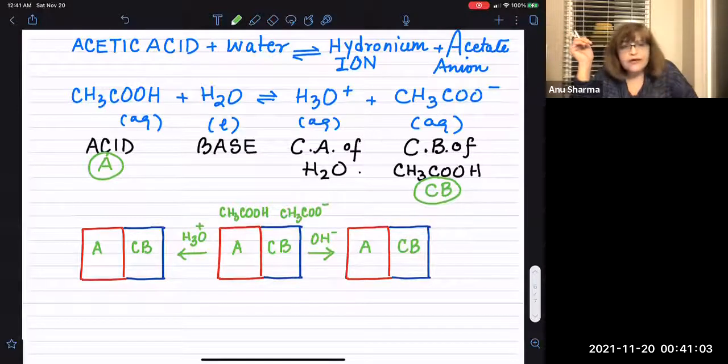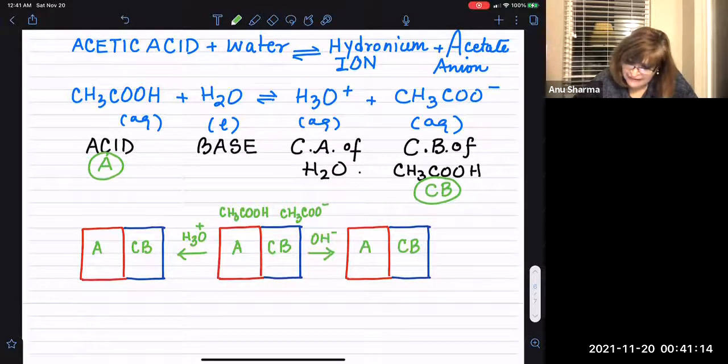Now, it's basically a relationship between an acid and its conjugate base. Here the acid is the acetic acid, and its conjugate base is the acetate anion.